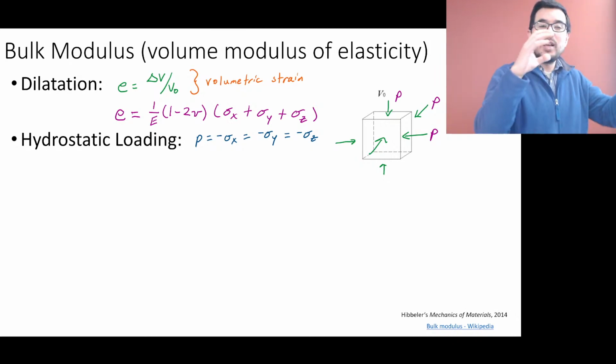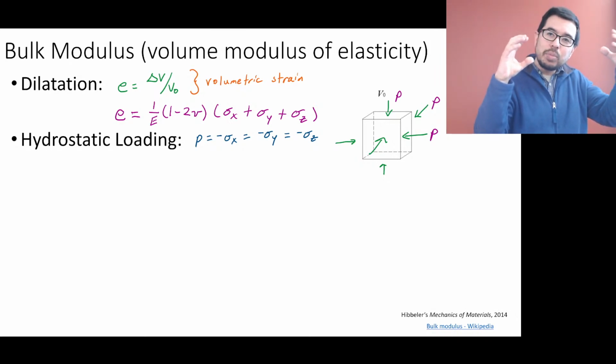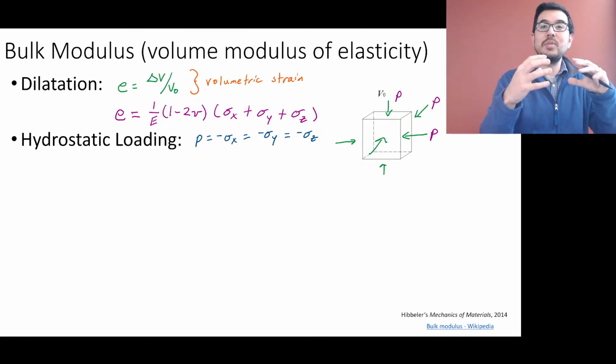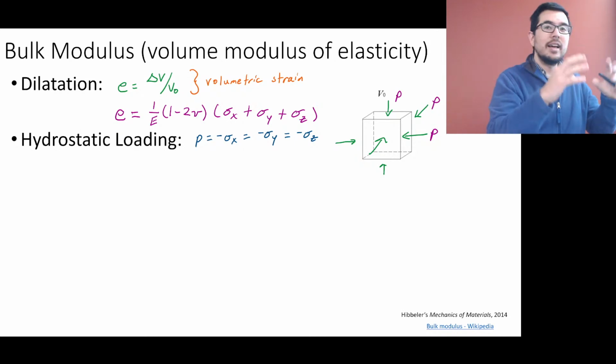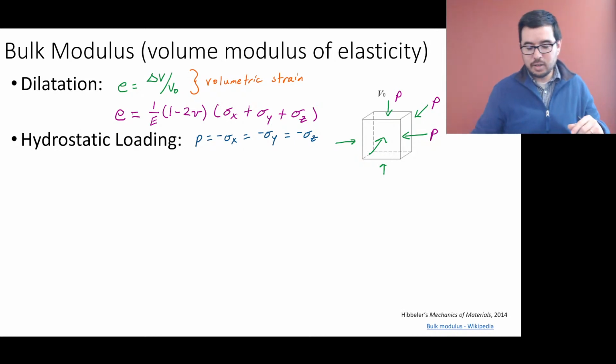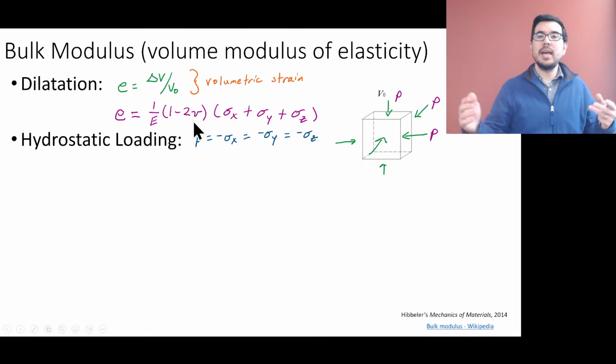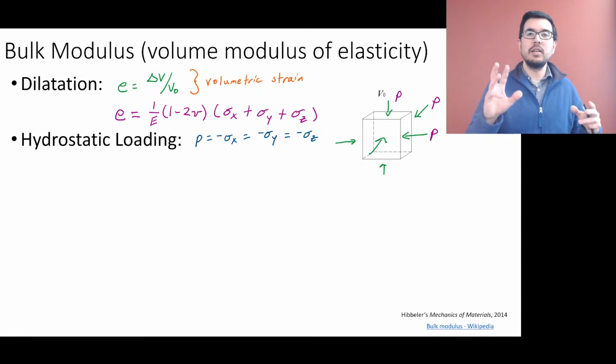But like you're suggesting, if I apply pressure from all sides at the same time, and it's the same, I'm going to be causing contraction. And that's what you see with the math too. If I make all these quantities the same and I make them all negative, this is a positive quantity, this is a positive quantity, because nu can only go to max 0.5. We'll talk a little bit about that.